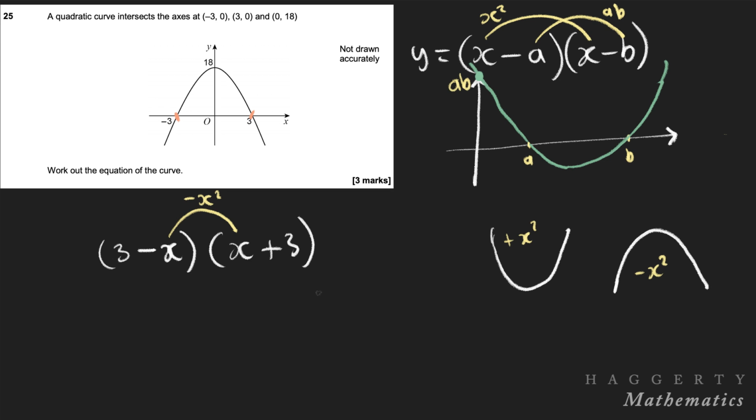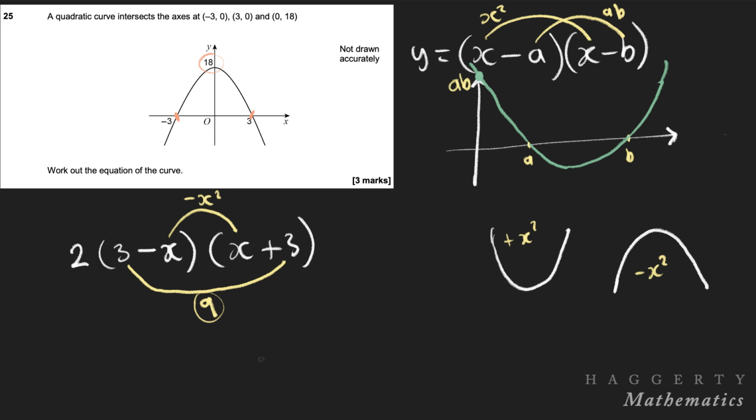However, at the moment, the constant term, when you take the product, you get the 3 times the 3, and that would give you the 9. When in fact we want to get 18 coming out, the y-intercept. So how do we do that? Quite simply, you just lob a 2 in front of these brackets.